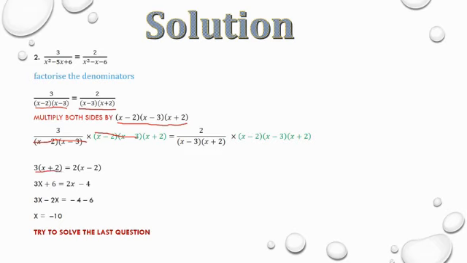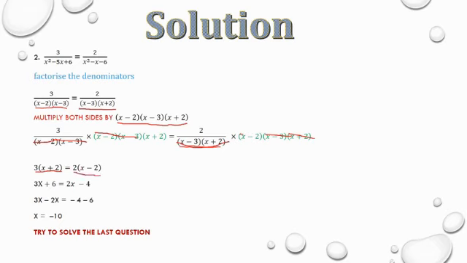Okay, so moving on to the right hand side, the (x minus 3)(x plus 2) on the denominator will cancel out with the x minus 3 and the x plus 2 there. Okay, and then in this case we'll be left with 2 multiplied by (x minus 2).